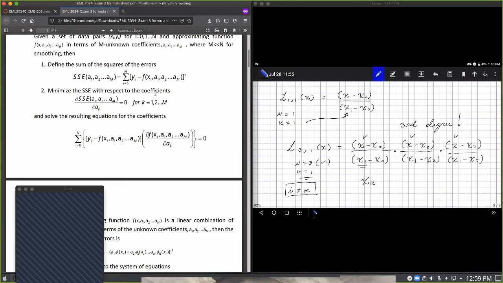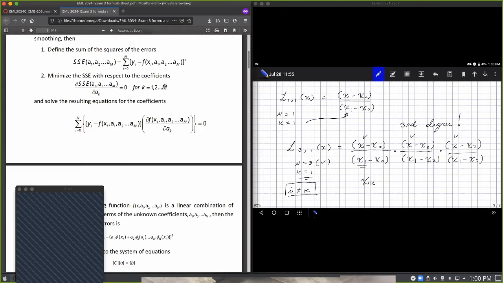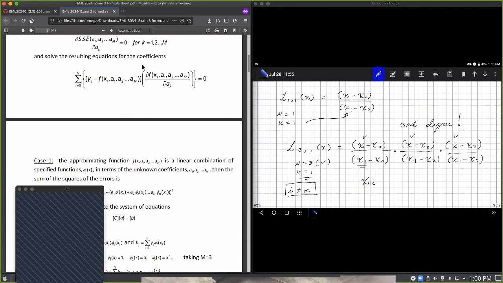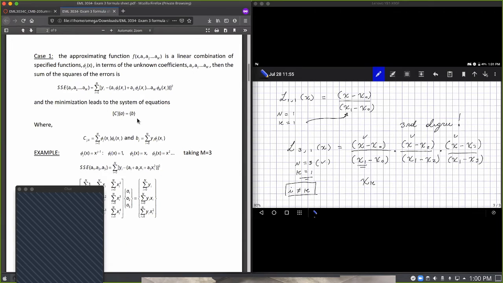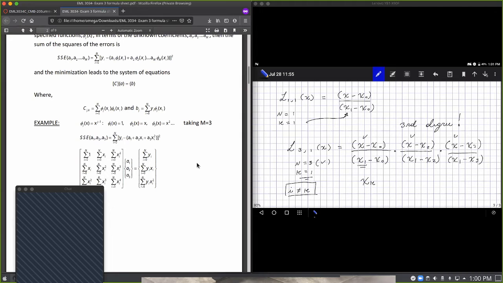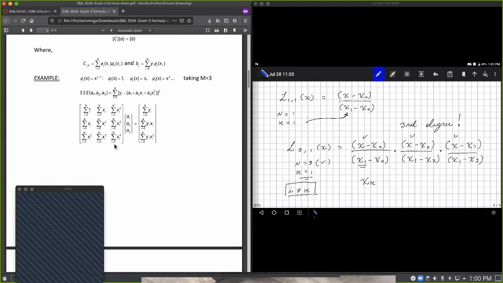You have to find the coefficients: define the sum of the square of the errors, minimize with respect to the coefficients, and solve the resulting equation for the coefficients. Yeah, you do have to find the coefficients. This is one of the things I remember.